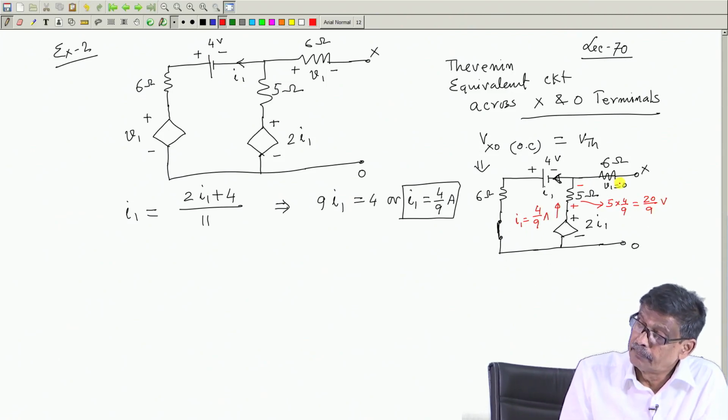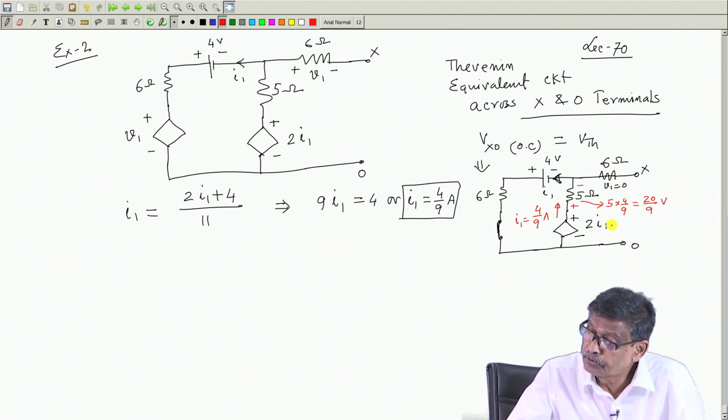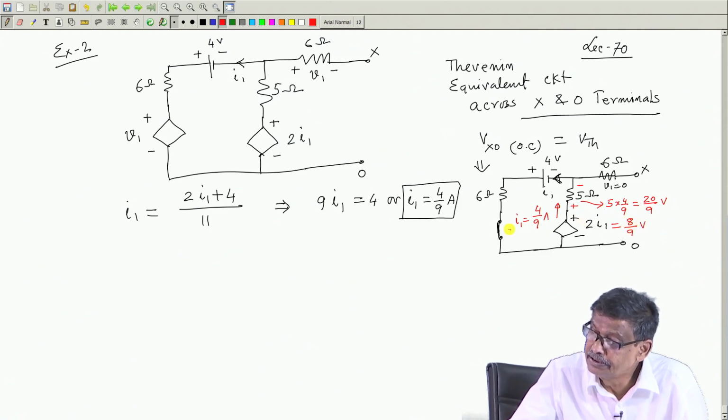Therefore, this voltage source magnitude also I now know, 2 into I 1, that is 8 by 9 volts, because I 1 is known.